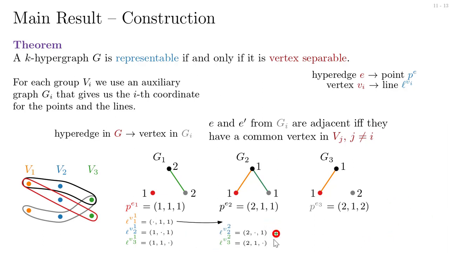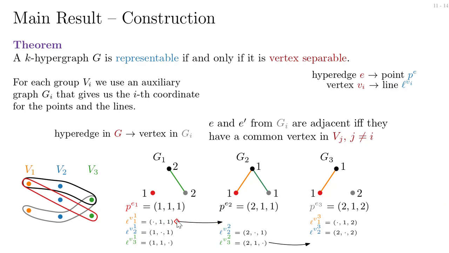Now the lines that correspond to the vertices on which lie the second point that corresponds to this black hyperedge should have the same coordinates as these points, but one coordinate should be free. And similar for the lines that contain the third gray point.